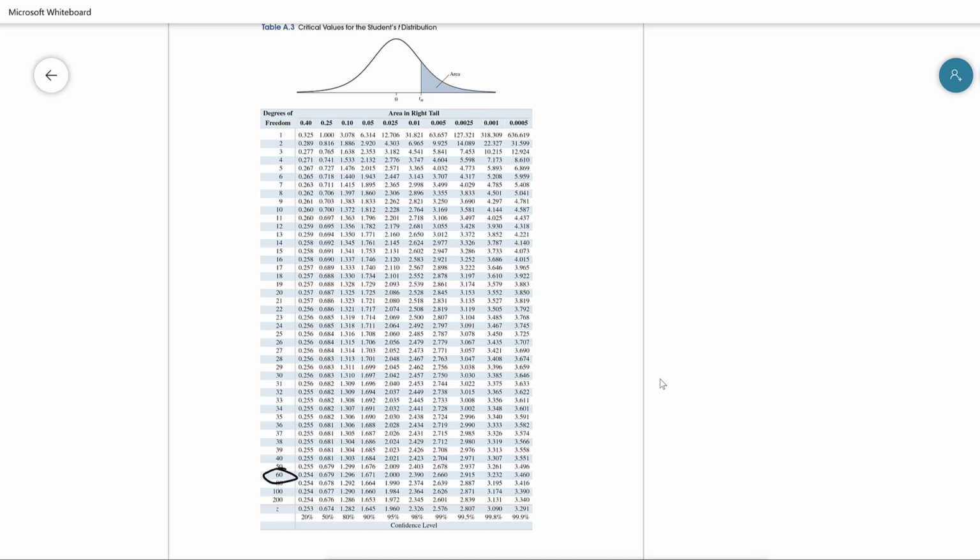It's not in here, but it would be right there. So it's between that number and that number. And those two numbers are associated with those two areas. And that's what the p-value is. These are the two areas that I'm interested in.